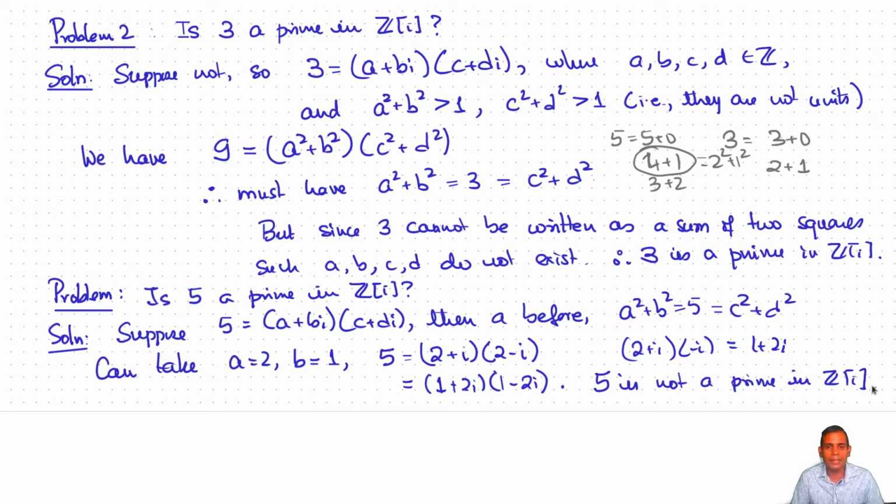And it's a result in number theory that a prime number can be written as a sum of two squares if and only if it is congruent to 1 mod 4. There's a very beautiful discussion of this in Michael Artin's algebra book. I think you have to look at chapter 11, section 5 of Michael Artin's algebra book, and you'll find a complete description of which primes in the integers are primes in Gaussian integers, how they decompose, etc.